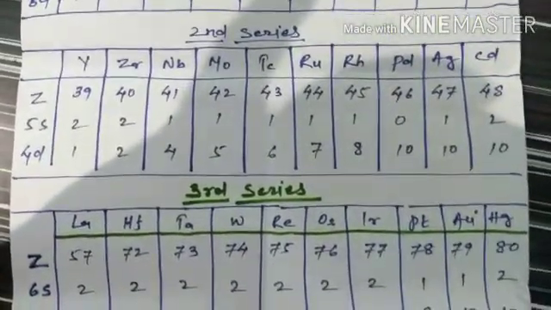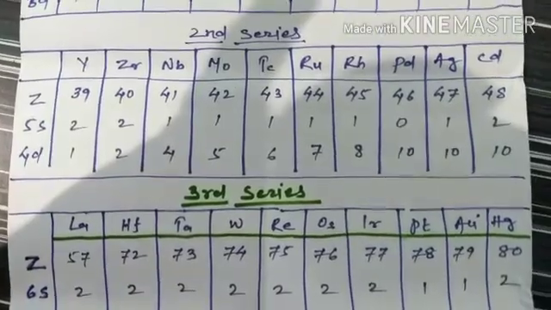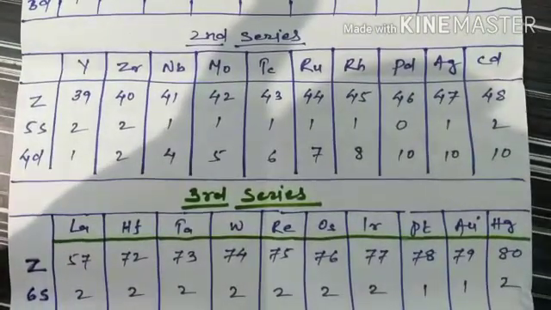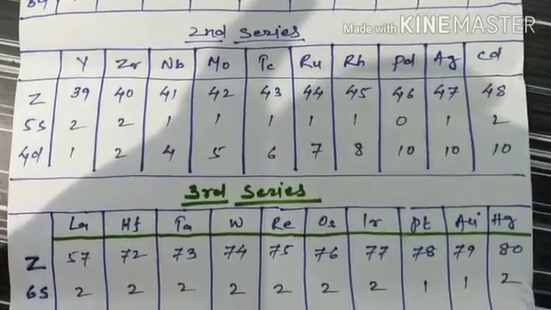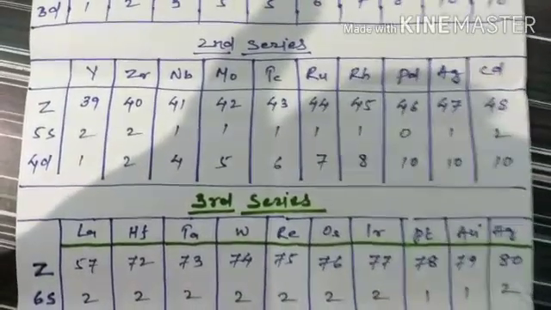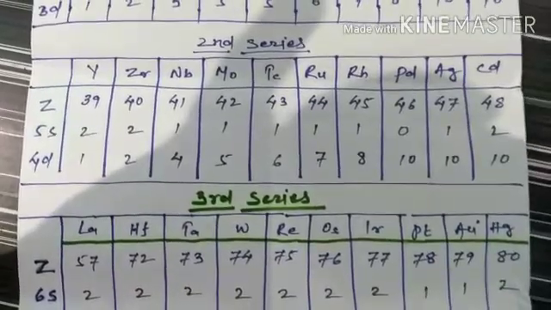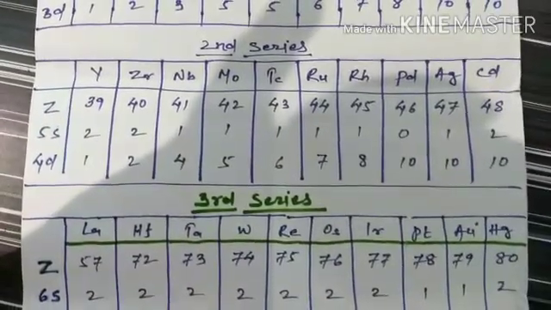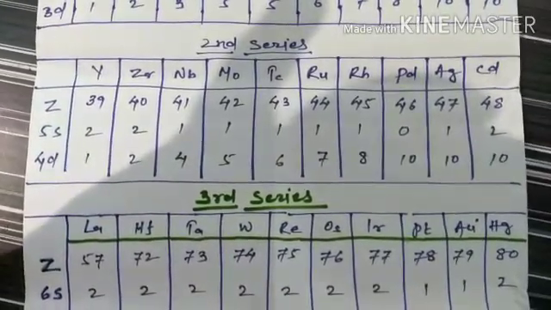In the second d series, atomic numbers 39 to 48, or you can say yttrium to cadmium, form the second series, or you can say the 4d series.